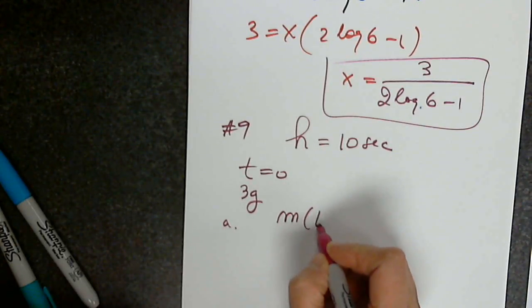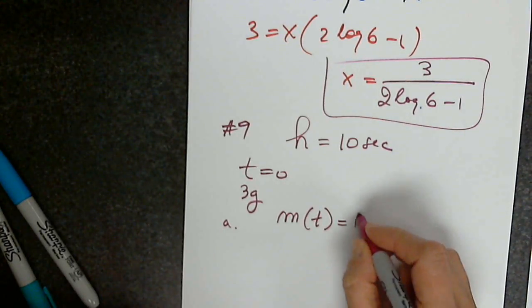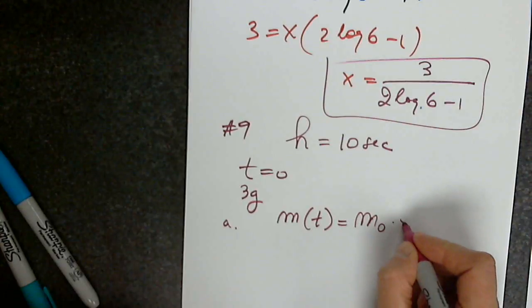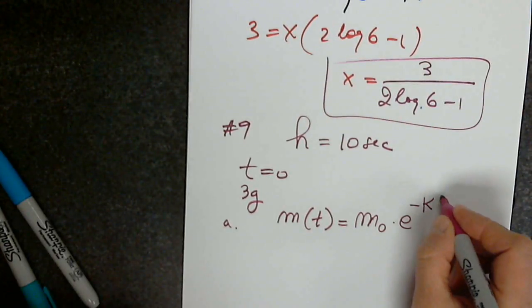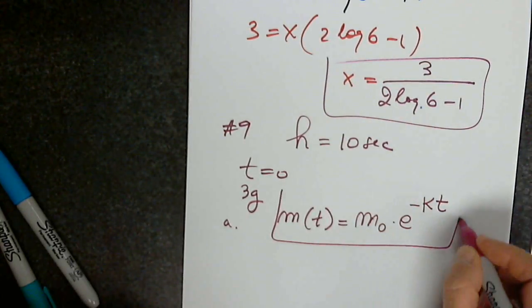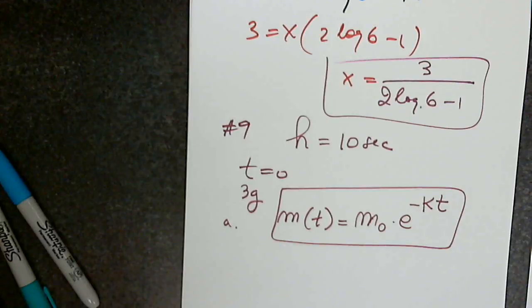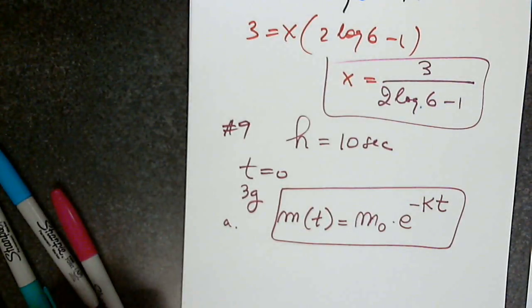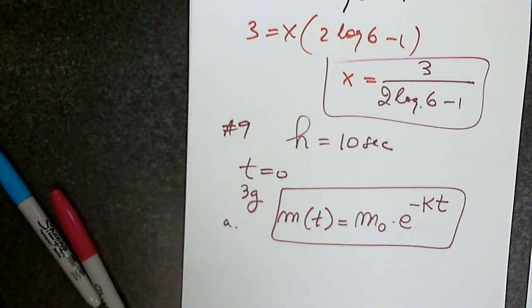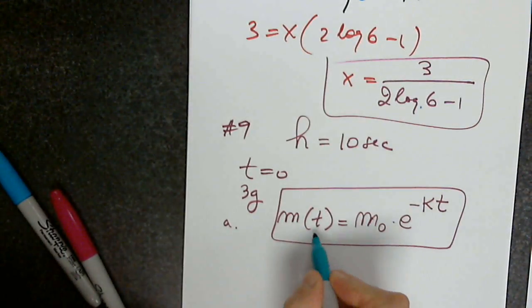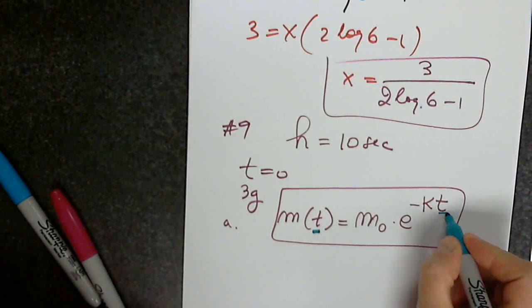The mass function of time equals m0 times e to negative kt. So what are the unknowns here? T is the independent variable.